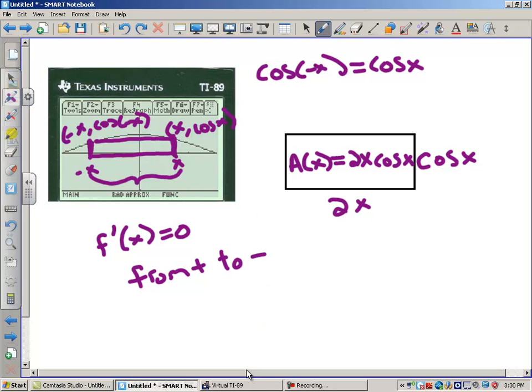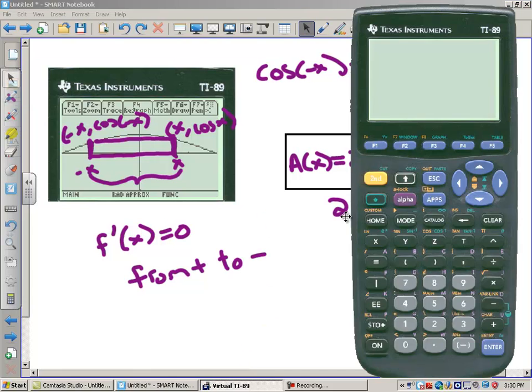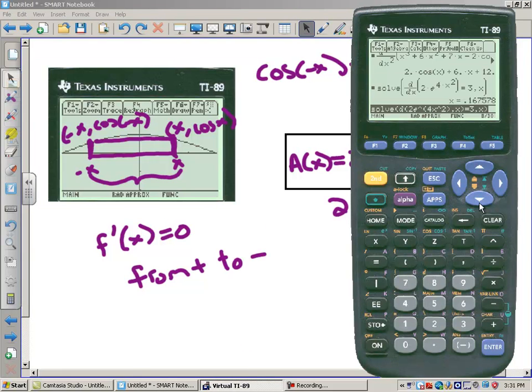So we're going to get our calculator out and find the derivative of 2x cosine x. We'll get to the home screen. I'm going to calculate the derivative of my area equation. So I want the derivative of 2x, and by the way, you have to type the multiply here. You can't just type in 2x cosine x, because some of the calculators won't do what's called implied multiplication.